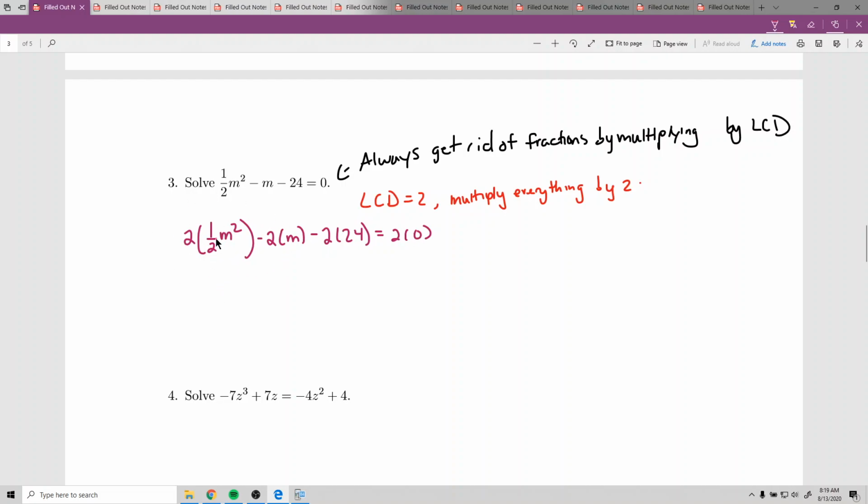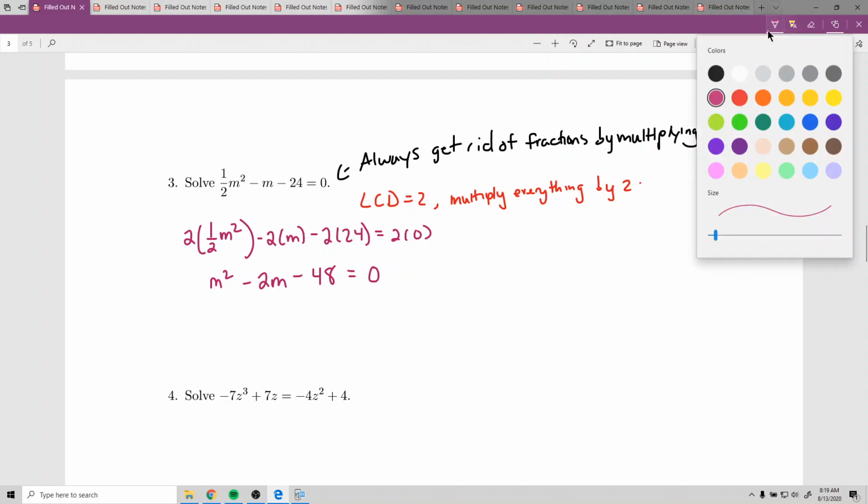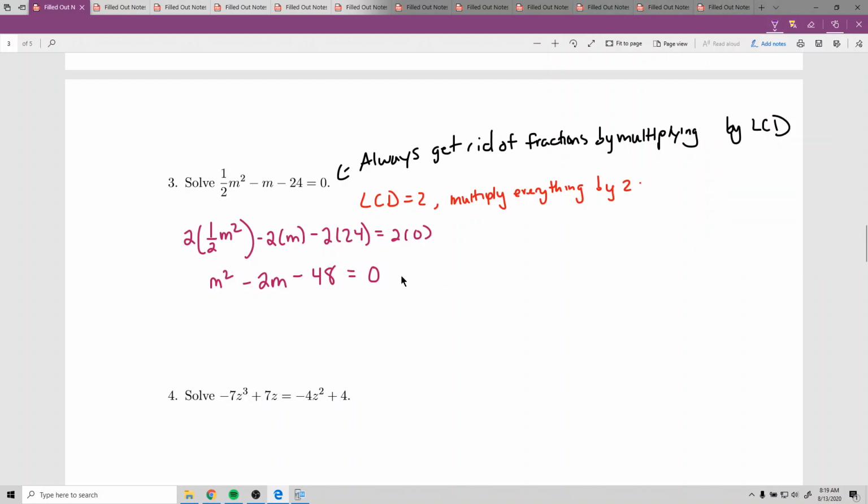You have to do it to everything. But if we simplify this now, the 2 and the 1/2 make 1, so we just have m squared minus 2m. You don't have to keep the parentheses there. Minus 2 times 24, which is 48, equals 2 times 0, which is 0. Now once you're here, you're back in the previous two problems.